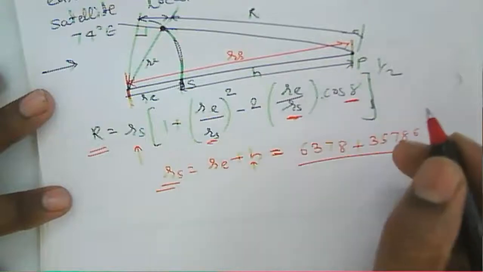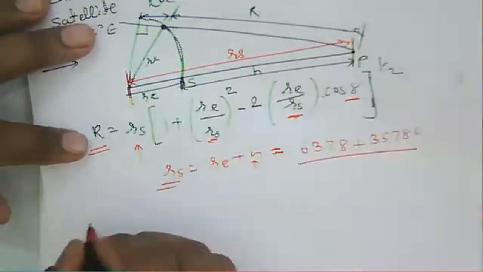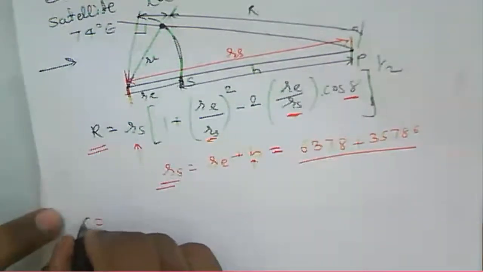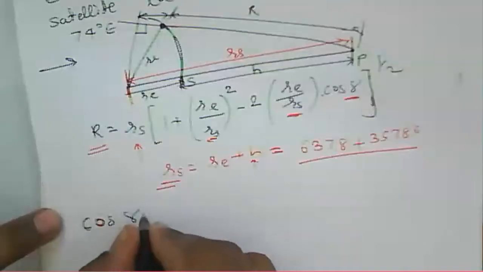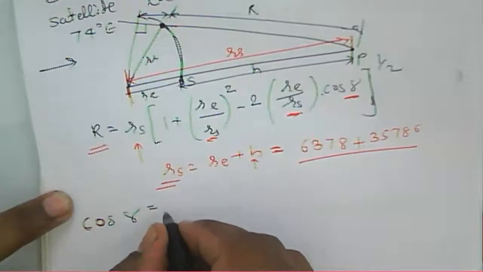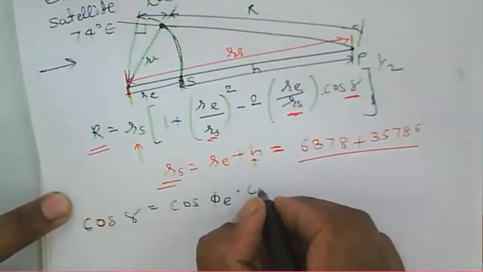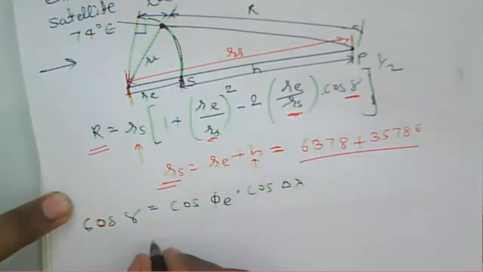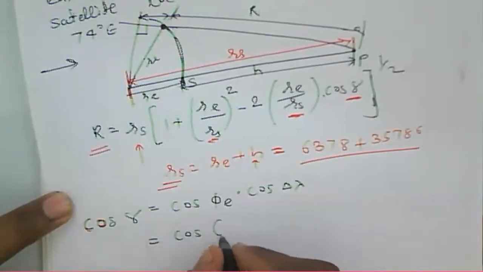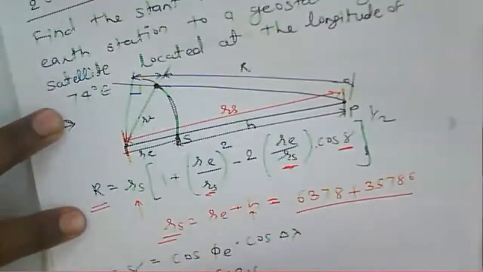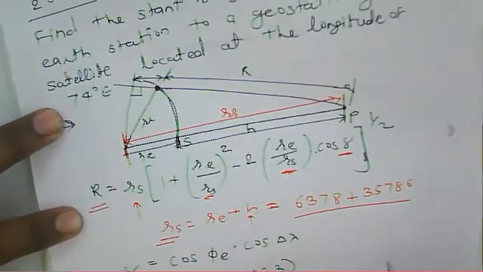Now our aim is to find cos of gamma. This is the cos of the central angle, which is equal to cos of phi into cos of delta lambda. Phi is about 23.023 degrees, towards north.